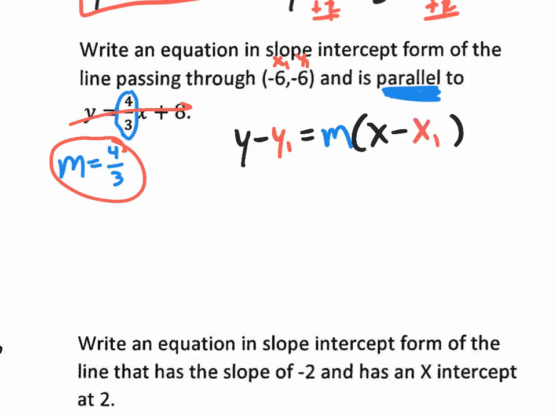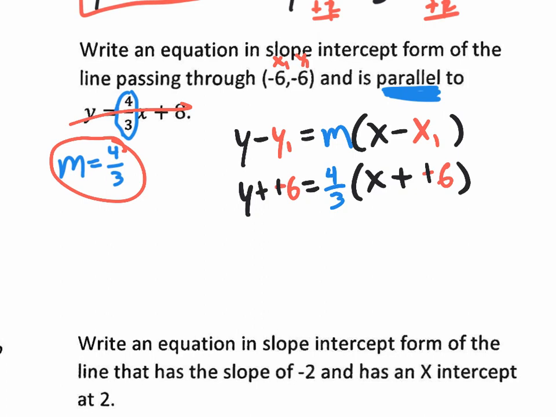And when you use it, leave the blank spots. And then plug in. Your y1 value is -6. Your m value, we said, was parallel, which is the same exact slope as the one they gave us, which was 4/3. And the x1 value is also -6. Don't forget to change your signs from minus to plus.